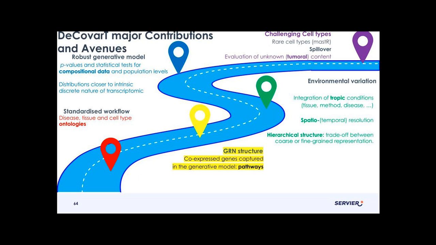And finally, if I want to be published in a high impact journal, I would certainly need to tailor Decovart not only for bulk transcriptomics, but also for spatial deconvolution. And that should not be too hard to do, because as I said, one of the most popular approaches is RCTD, which assumes log normal distributions, but only at the gene level, so not accounting for the interaction of the genes, and it appears to be one of the best.